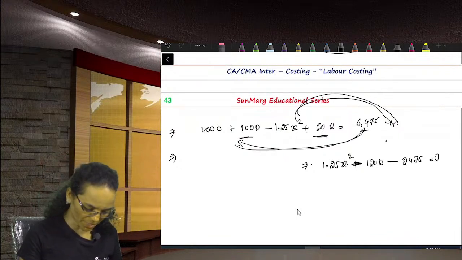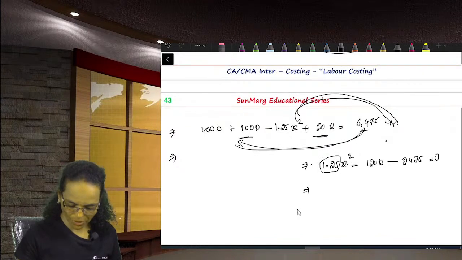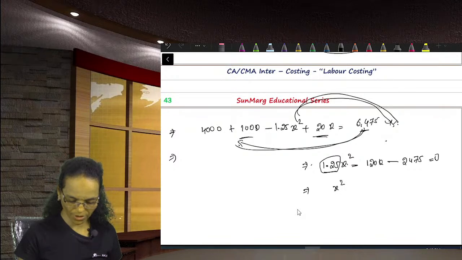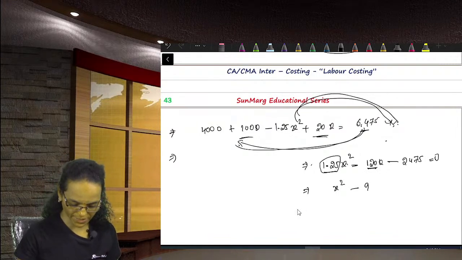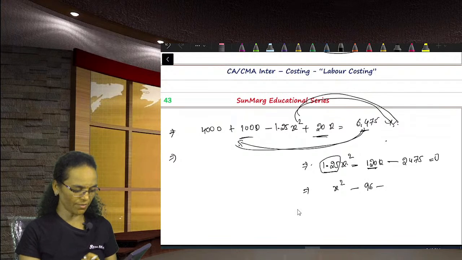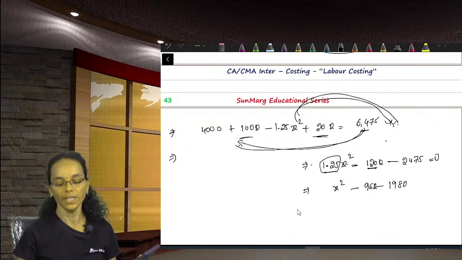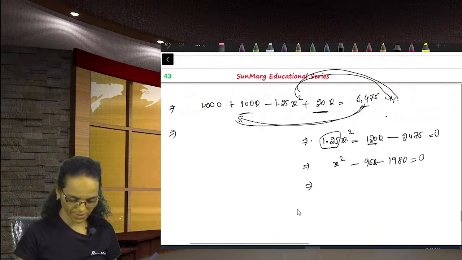You don't need much mathematics. Divide everything by 1.25. So we get x square. 120 divided by 1.25 is 96, and 2475 divided by 1.25 is 1980. So x square minus 96x plus 1980 equals 0.